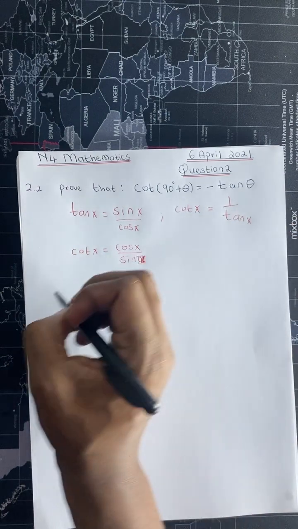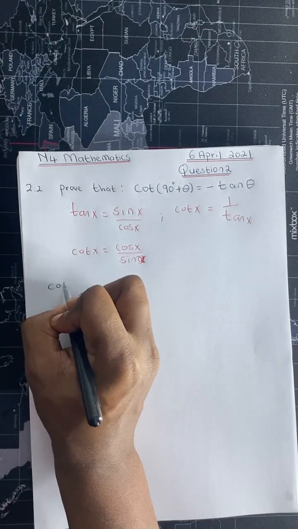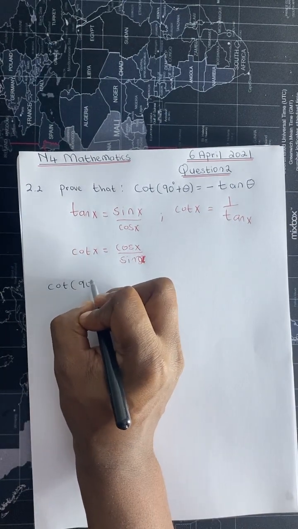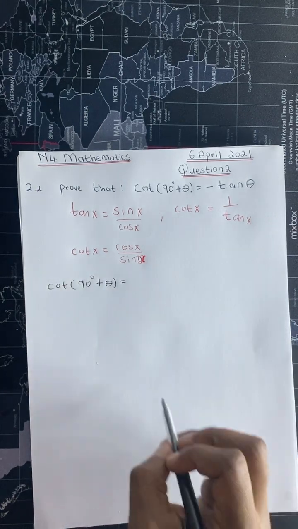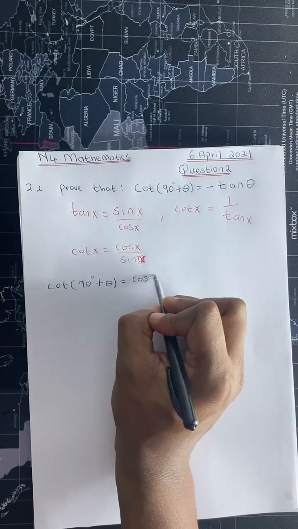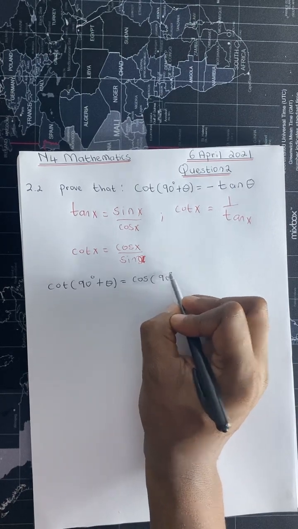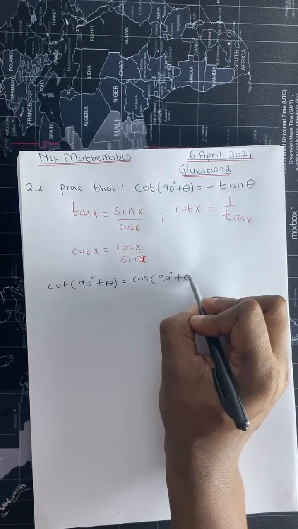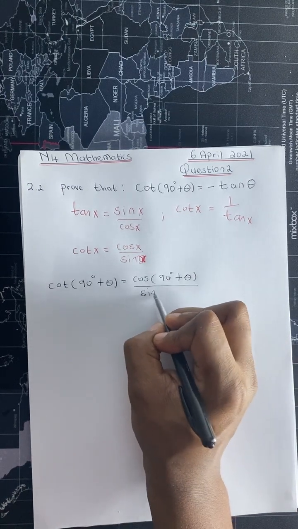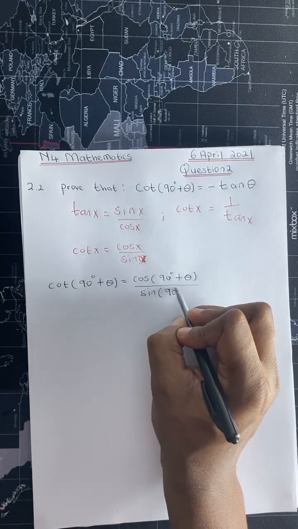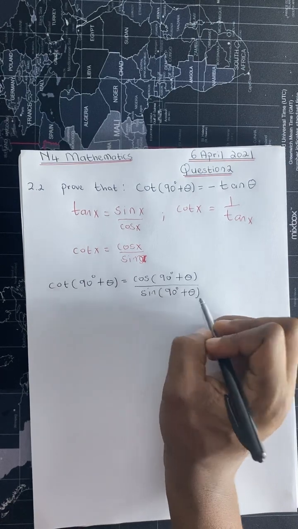So our cot of 90 plus theta will be equal to cos of 90 degrees plus theta over sin of 90 degrees plus theta.